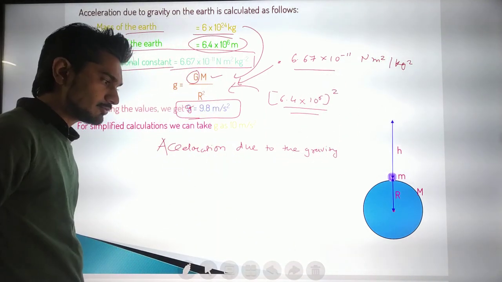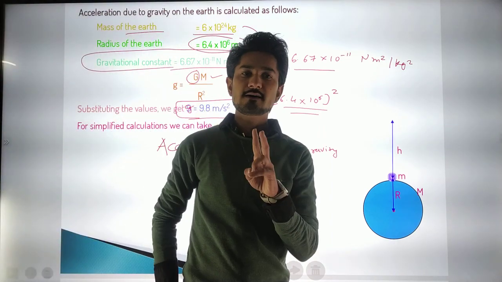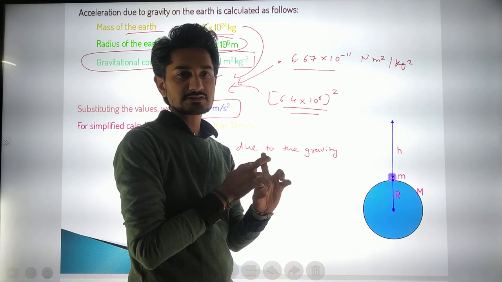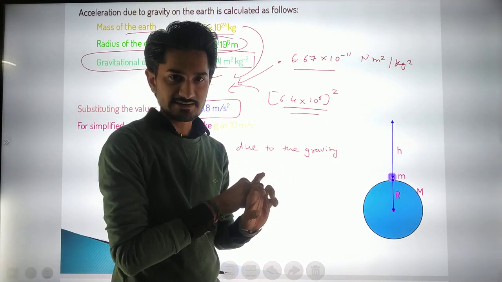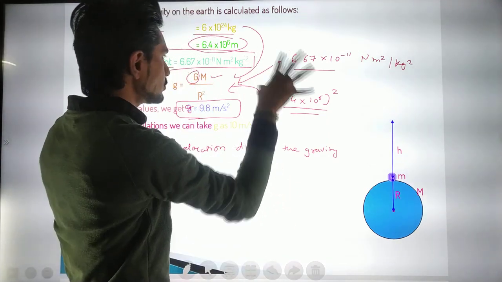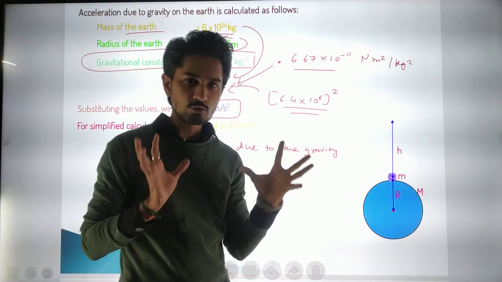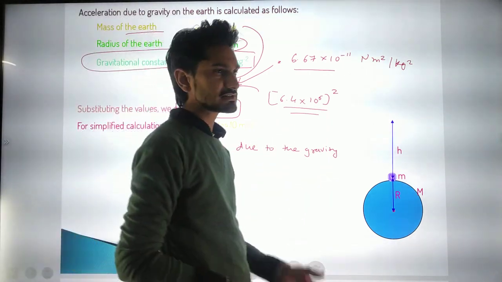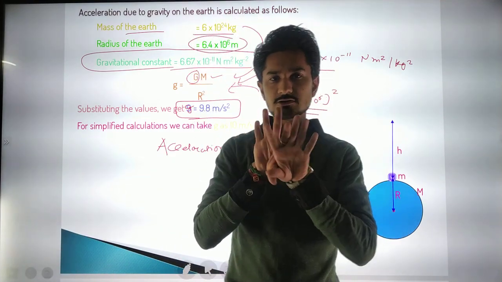So you just have to memorize two things: the second law of motion and the universal law of gravitation. If you learn both laws, this topic is very easy for you, because you just have to compare both laws with each other.